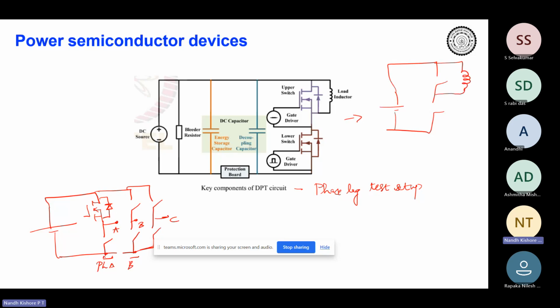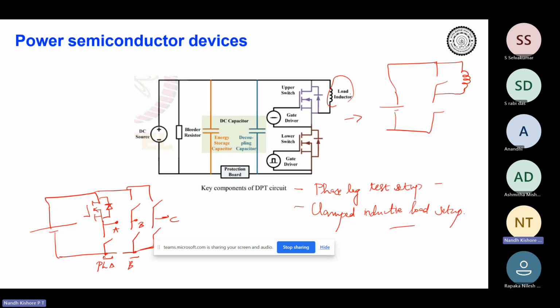This is also called a clamped inductive load setup, because what you have here is a pure inductive load, the load inductor, directly connected across the top device. So the DPT setup is also called a phase leg test setup or clamped inductor load setup. All these names are interchangeable.